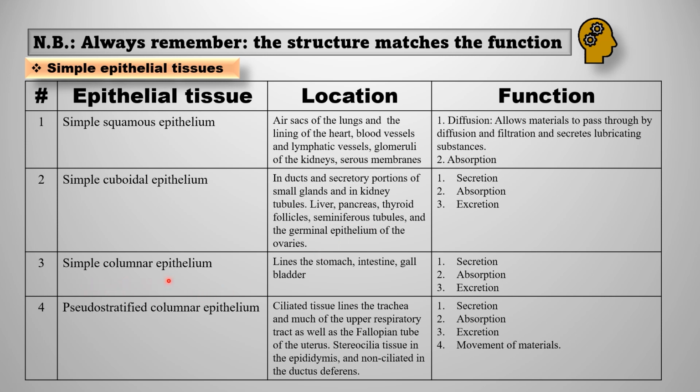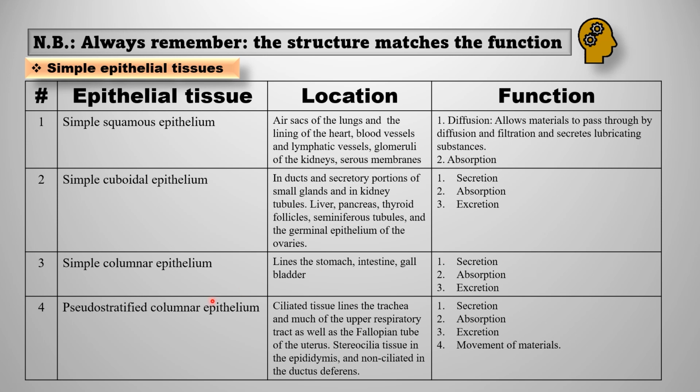Simple columnar epithelium lines the stomach, intestine, gallbladder, and also the upper respiratory tract. Secretion, absorption, and excretion are the function of this one. So I want you to put in your mind how the structure matches the function in each of these so you can easily understand what is going on.